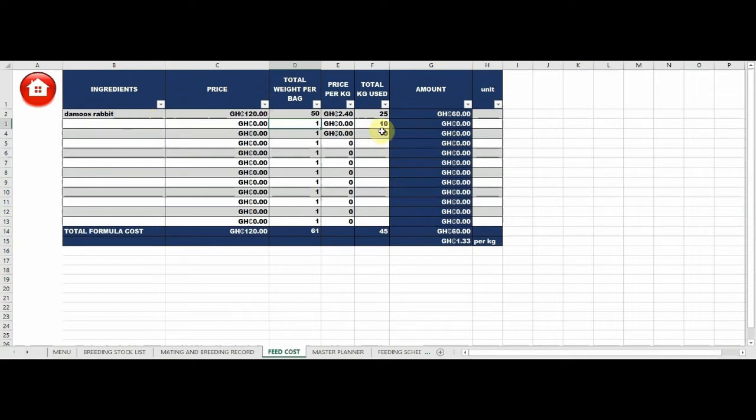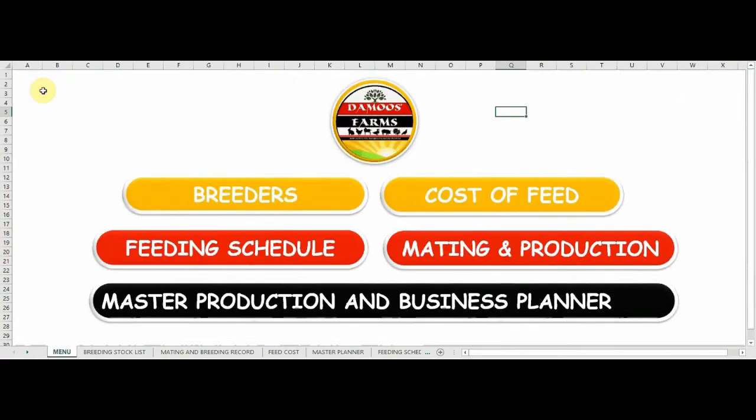Then of course you are using all of it. Sorry, I had to clean this one. So automatically the price per kilo for the Damus rabbit feed is 2.40 pesos. So it helps you with the planner.